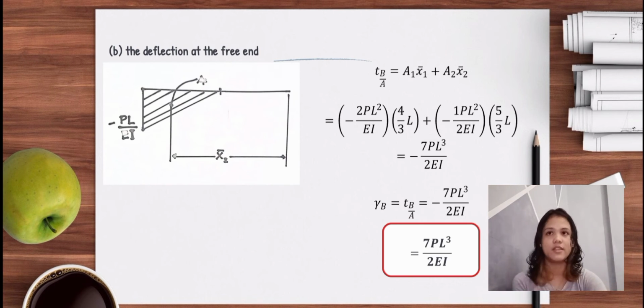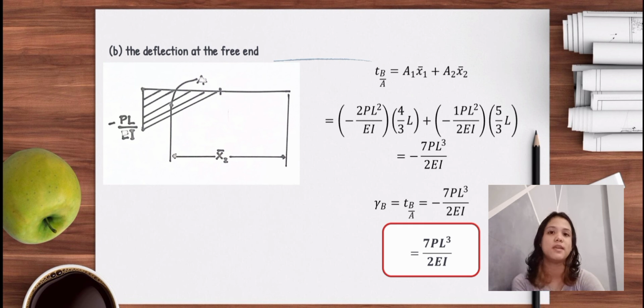Next, the deflection at the free end. By the second moment area theorem, the deflection B over A equals A1 X bar 1 plus A2 X bar 2, which equals negative 2PL squared over EI, quantity of 4/3 L, plus negative PL squared over 2EI, quantity of 5/3 L, which equals negative 7PL cubed over 2EI.